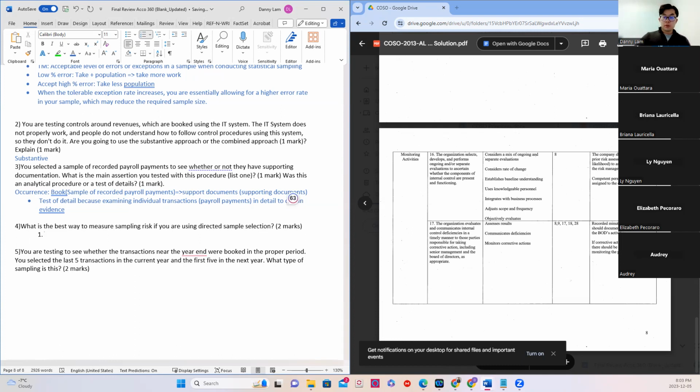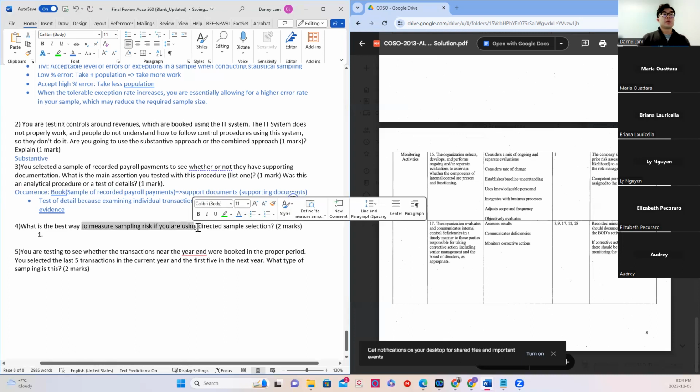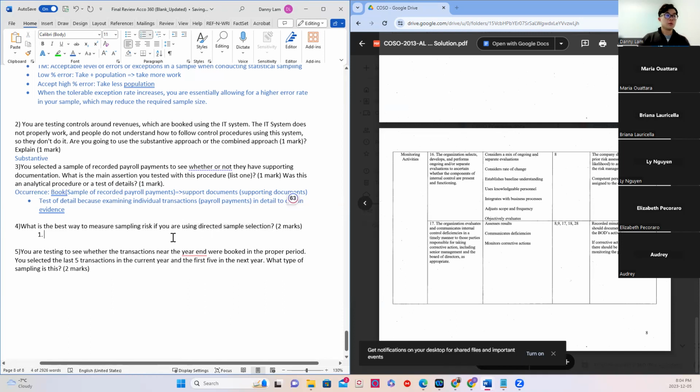I wanted to just ask what directed sample selection was. I think it just means you're using a specific method, like MUS or random sampling. So remember, like I was telling you, maybe we should use random sampling instead of MUS.